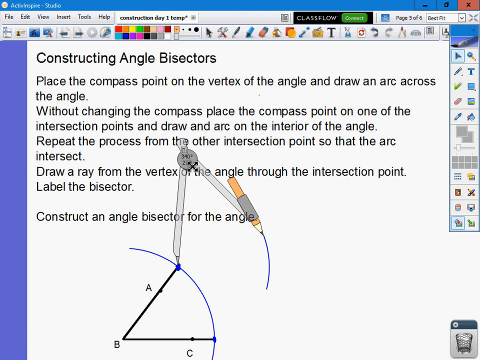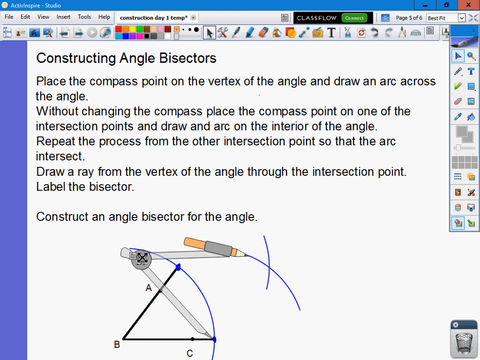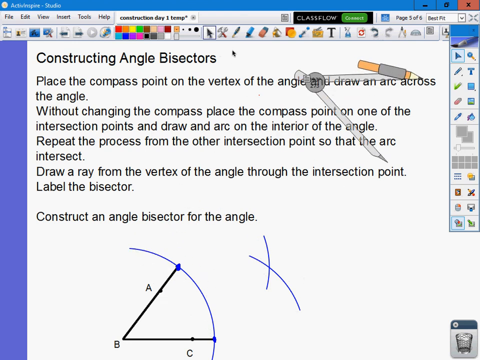Without changing the setting, I'm going to go to the other point, and I'm going to do the same thing. And if you've done that, you should see that your 2 arcs also have a point of intersection.